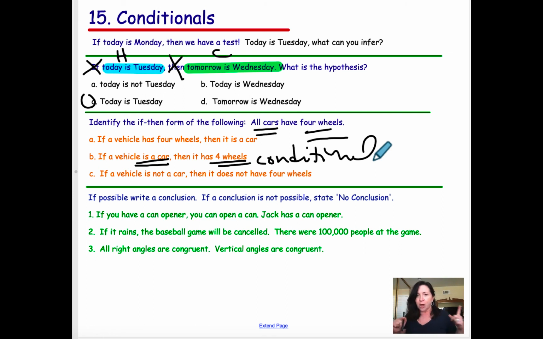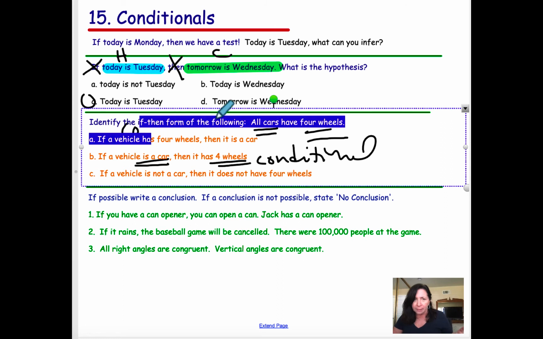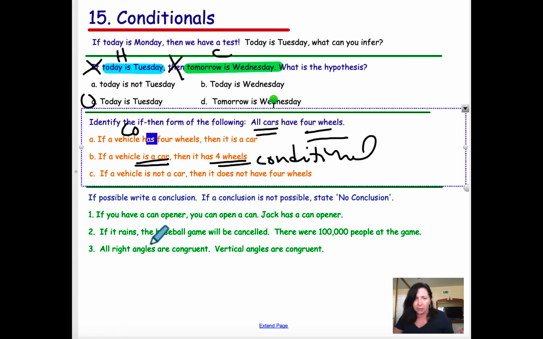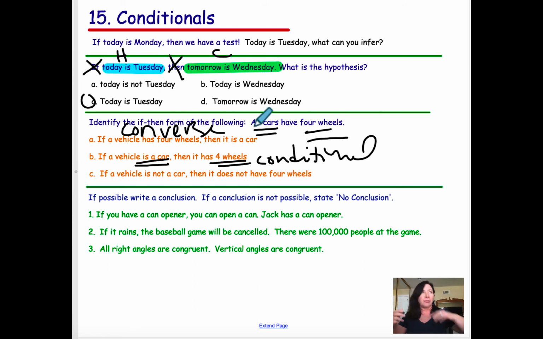However, we also have something called a converse, and we talked about that in class the other day, where we take our conditional, which is our hypothesis and our conclusion, and we flip places. So then what we have is what's called the converse, because that took my hypothesis and my conclusion and flipped it.